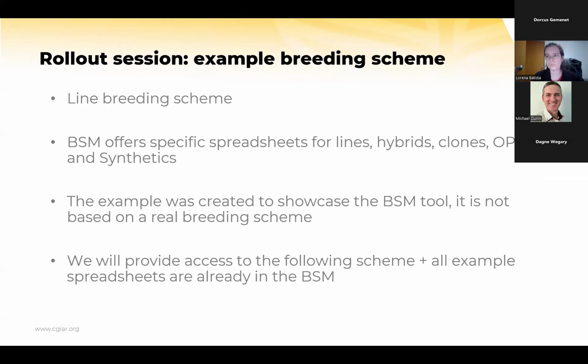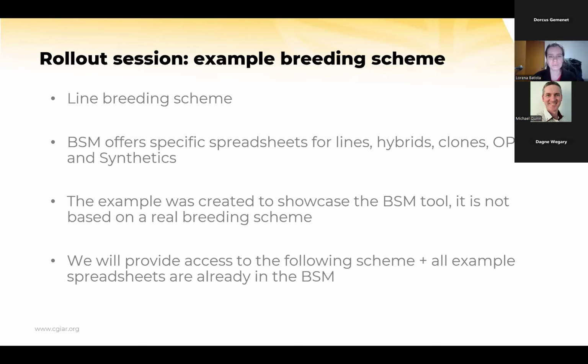For this rollout session, Christian and I are going to be demonstrating how to fill out the breeding scheme manager with an example breeding scheme. We chose a line breeding scheme for this demonstration, but the breeding scheme manager offers specific spreadsheets for lines, for hybrids, clones, open pollinated varieties, and for synthetics as well.